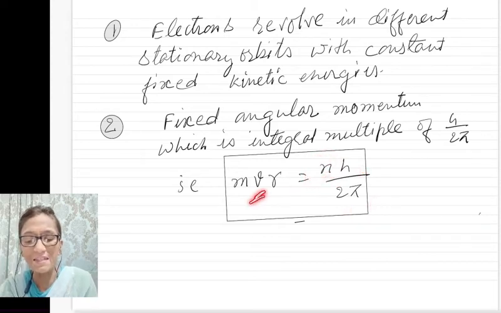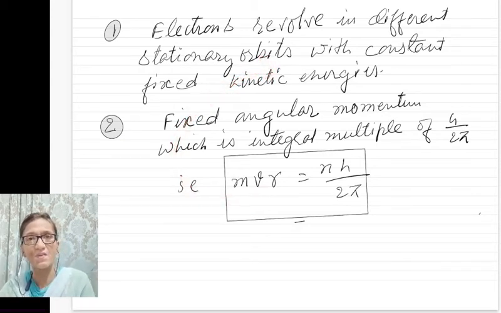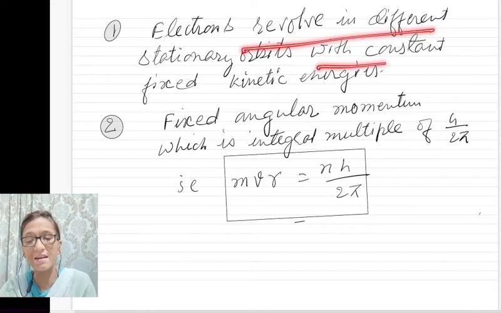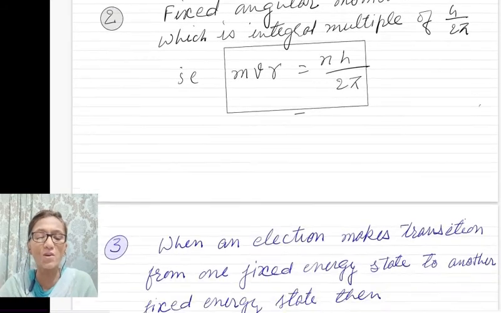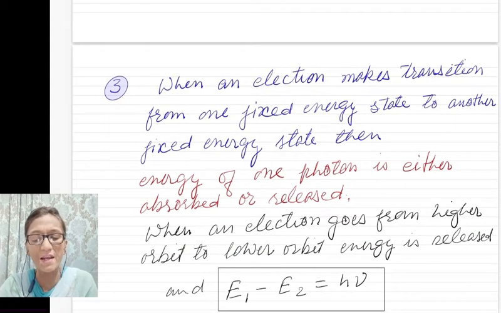So if radius is fixed, velocity is also fixed, and therefore the kinetic energy of the revolving electron in any stationary orbit is also fixed. Kinetic energy is half mv square. Unless v is fixed, kinetic energy cannot be fixed. So these were the first two postulates, and then the third postulate.